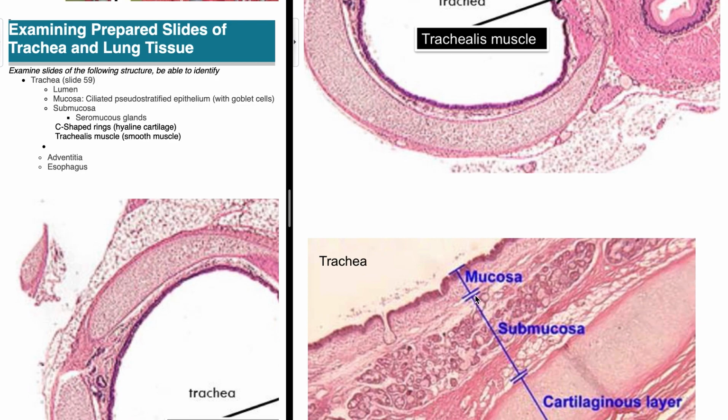And the submucosa is pretty easy to identify in these pictures because the submucosa has large collections of what are called seromucous glands. So they produce a sort of, it's not water and it's not really thick mucus. It's somewhere in between that. That's why it's seromucous. Sero means fluid or something that flows more like water, but mucus means the opposite.